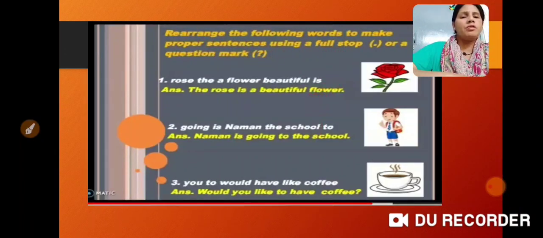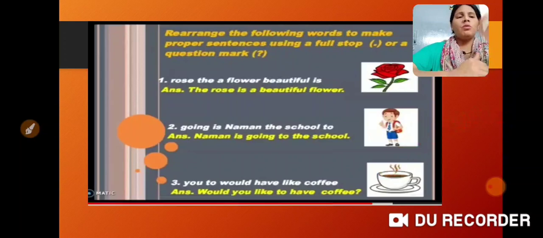After rearranging, the proper sentence is, would you like to have a coffee? The first letter should be capital while writing a sentence, so we will write W in capital form. Now this sentence is asking a question. That is why we will put a question mark at the end of the sentence.